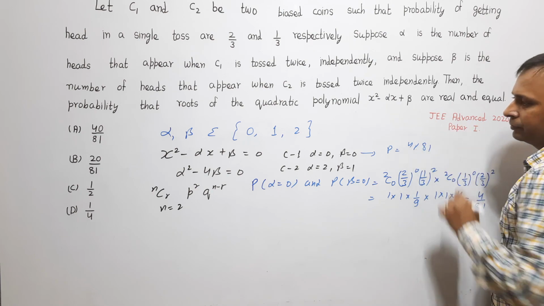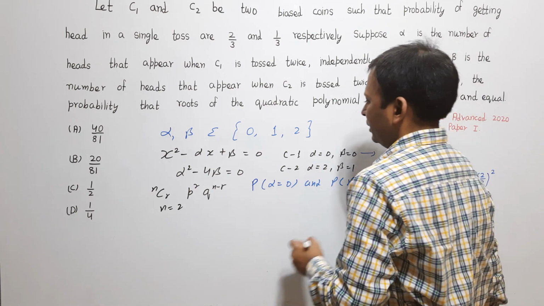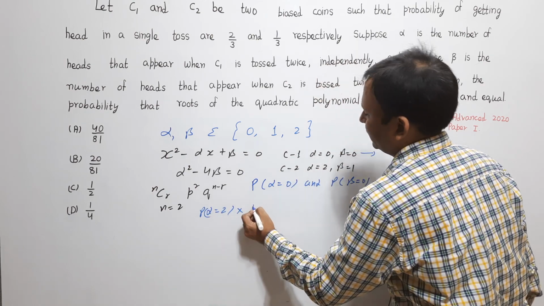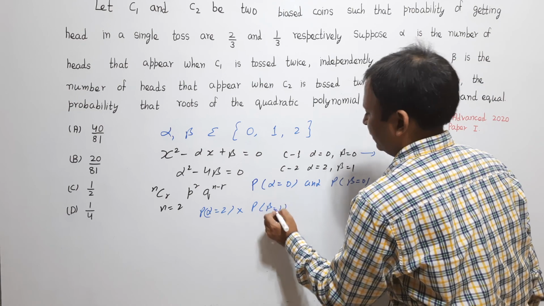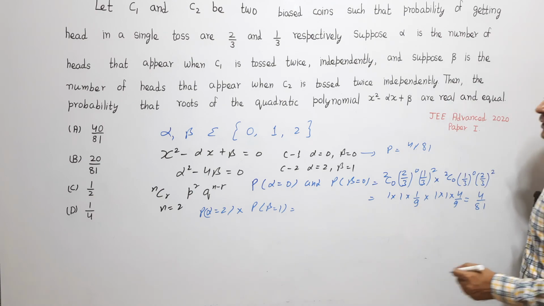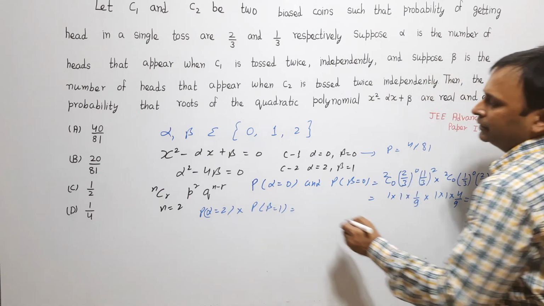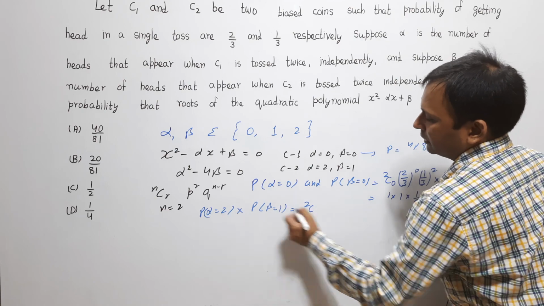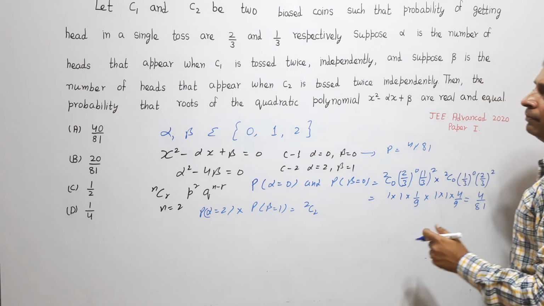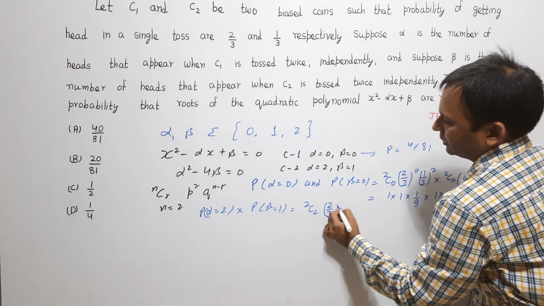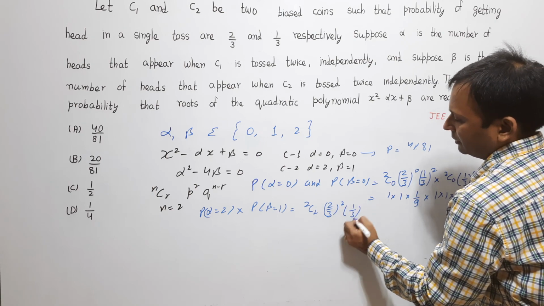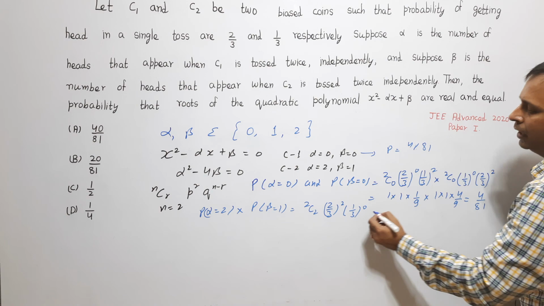Now I am taking the second case, when alpha is equal to 2 and also beta is equal to 1. Those two probabilities will be multiplied. The probability that alpha is equal to 2: again n is equal to 2, but here r becomes equal to 2, so 2c2, and for the first coin p is equal to 2 by 3. So this is 2 by 3 raised to the power 2 and q, 1 by 3, raised to the power 0.